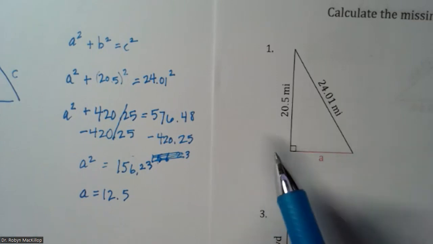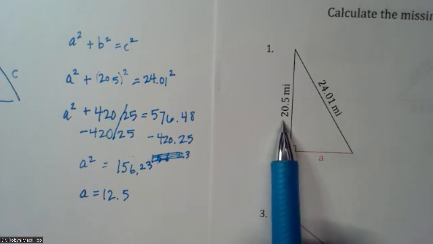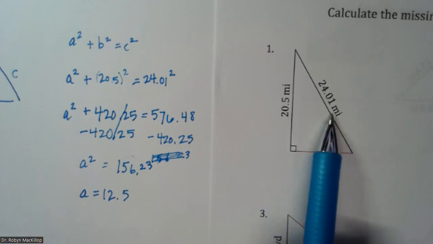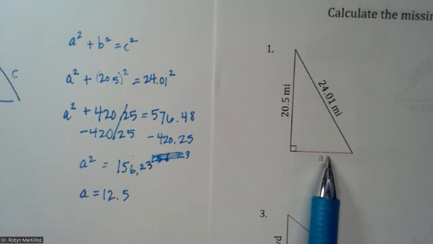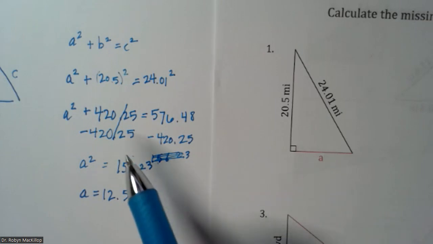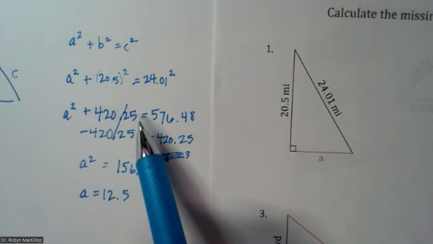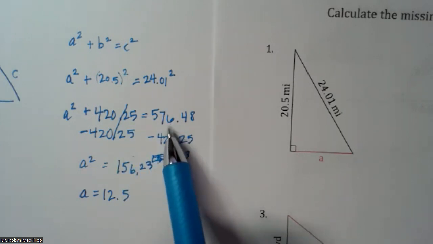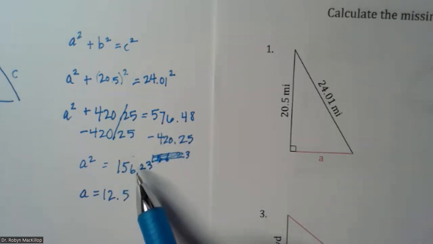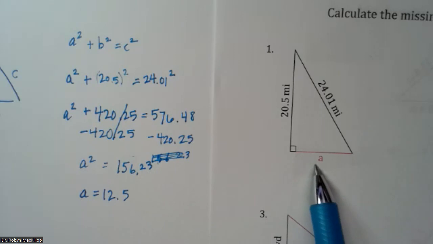All right, so we started out with one side at 20.5, the longest side at 24.01, and we didn't have this one. When we first started to fill in the formula, we came up with 156.23 for A squared.